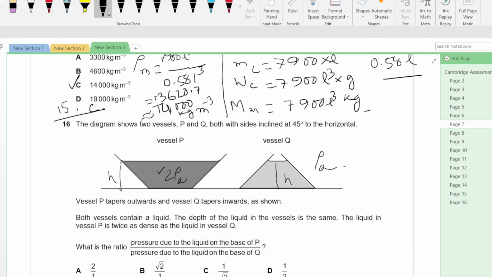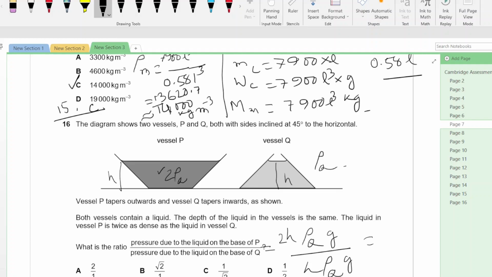Therefore, we have to determine the ratio of pressure due to the liquid on the base of P to the pressure due to the liquid on the base of Q. This equals h times 2 rho Q g by h rho Q g.